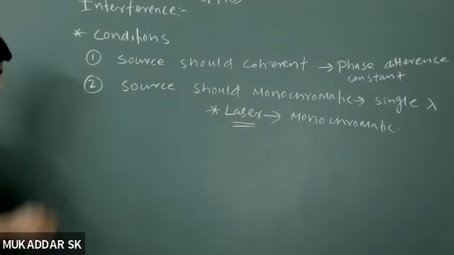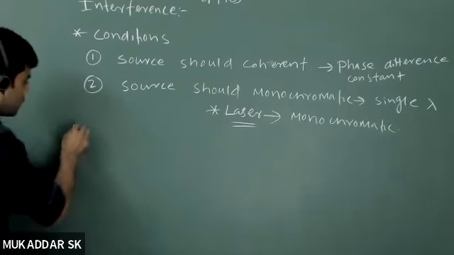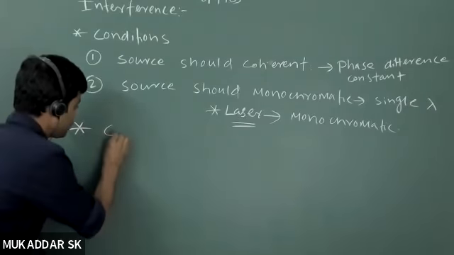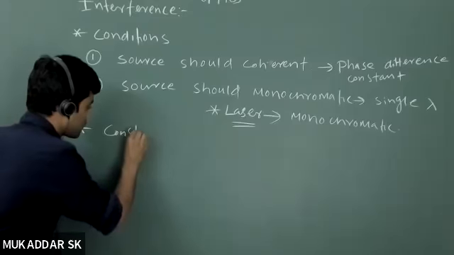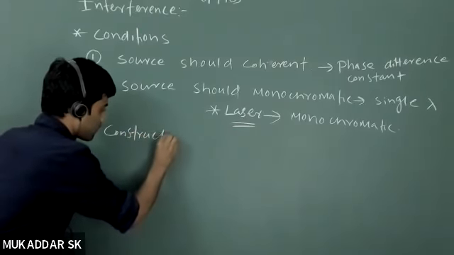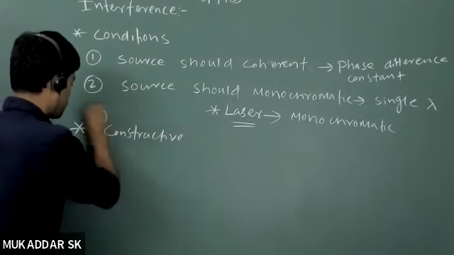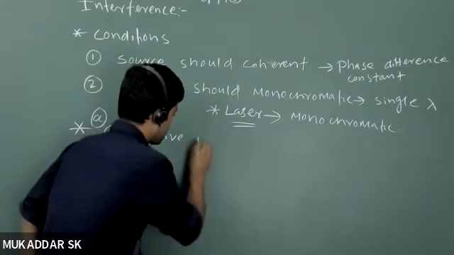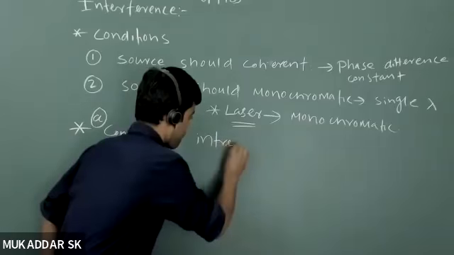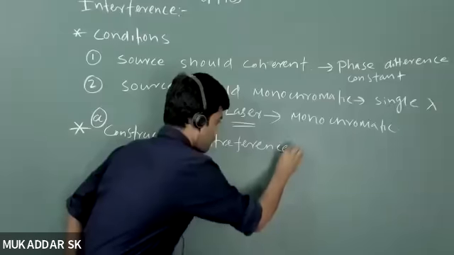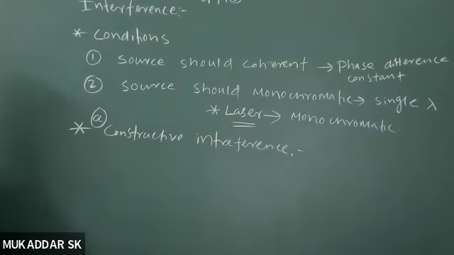Okay, now there are basically two types of interference. One is constructive interference. Okay, so you can mention here point A, that is your constructive interference. So suppose you have two waves.